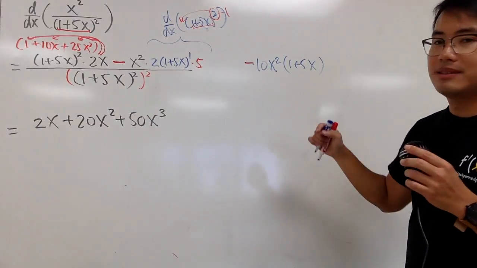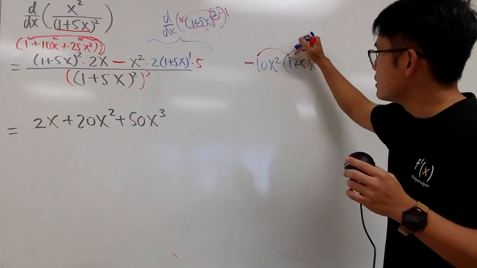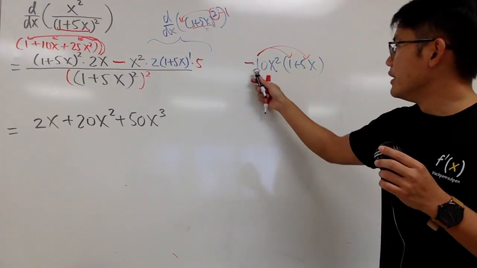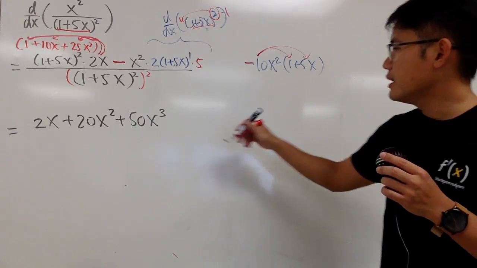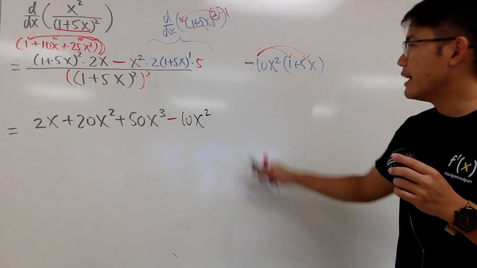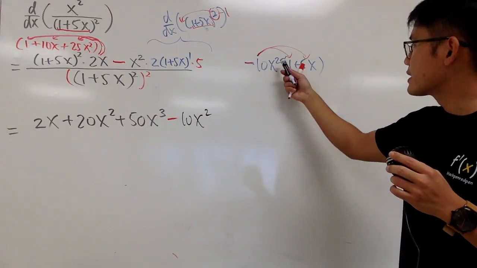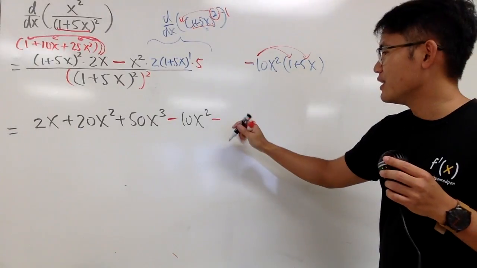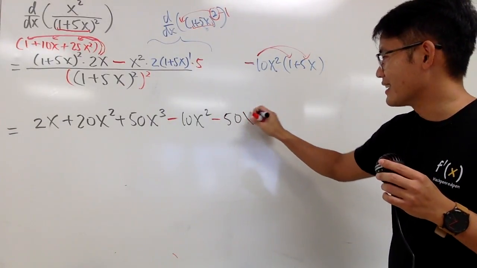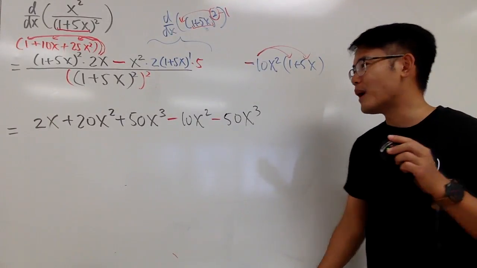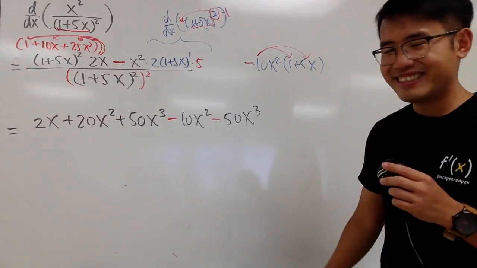And then we have this. I will just look at this and then distribute. So negative 10x squared times 1 is minus 10x squared. And then negative 10x squared times plus 5x is negative 50x to the third power. Aha, another 50x to the third power, and this is the negative version.